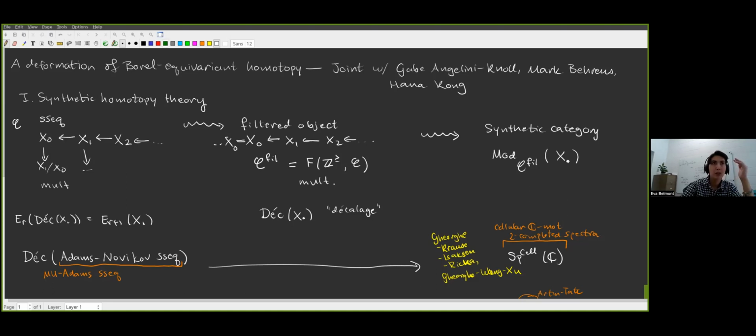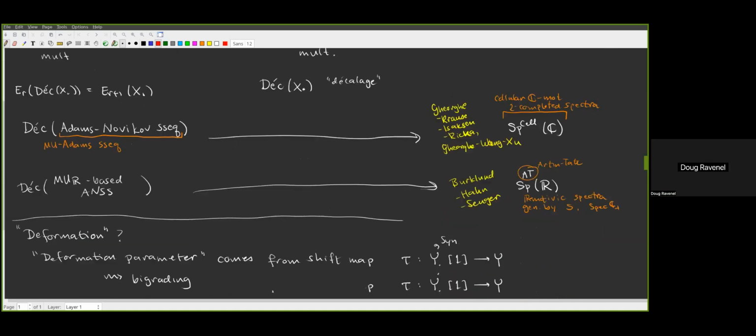So for the sphere, I want to take the mapping spectrum from this. So this is going to be the w-th thing in my filtered object. So I think there's a little bit more going on here than I'm letting on. All right, thank you.